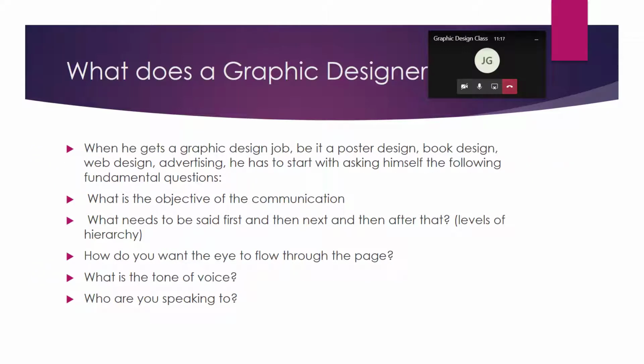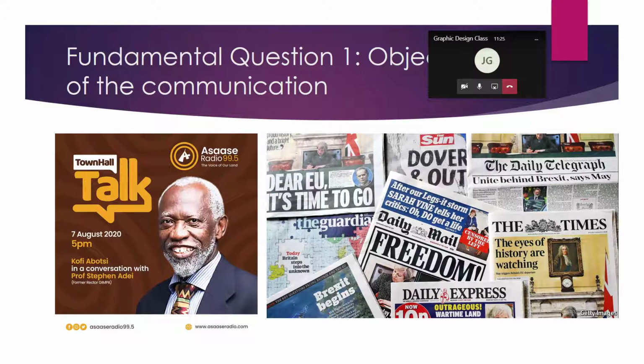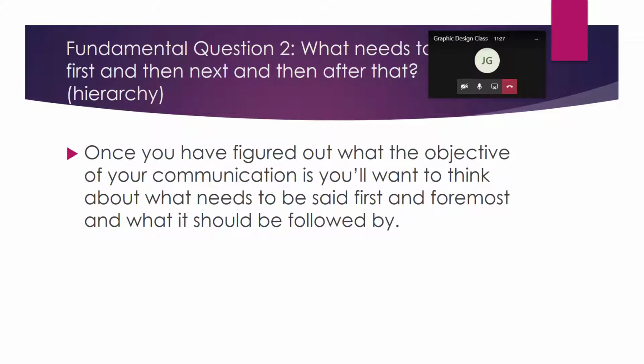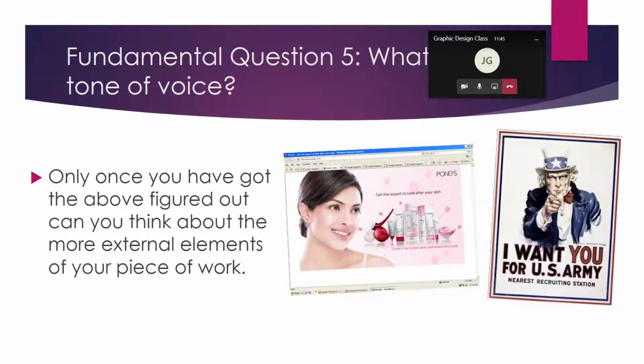Then we talked about some fundamental questions that you have to ask, and we looked at the objective of the communication. If you remember, we also talked about who you are speaking to. You have to take into consideration who you will be speaking to. If you are speaking to children, you know how your design is going to look, and if it's an adult, you know how you do your design.